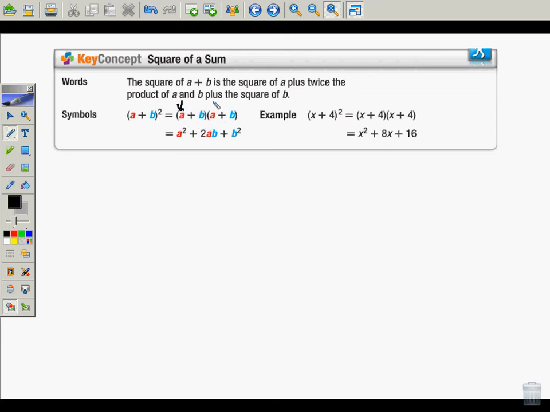As long as you have this situation where it is the same number for a and the same number for b, meaning something like x plus 4 times x plus 4, you can use this shortcut. You cannot use this shortcut if you have something like 2x plus 7 times 3x plus 8. Notice, if I were to look at my a's, are my a's the same? No, obviously they're not the same, and the b's aren't the same either.